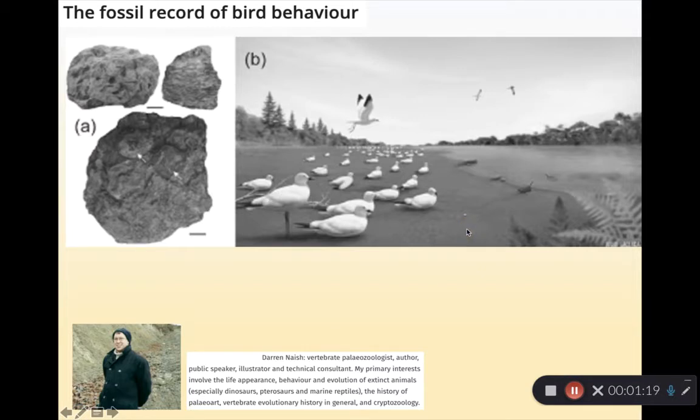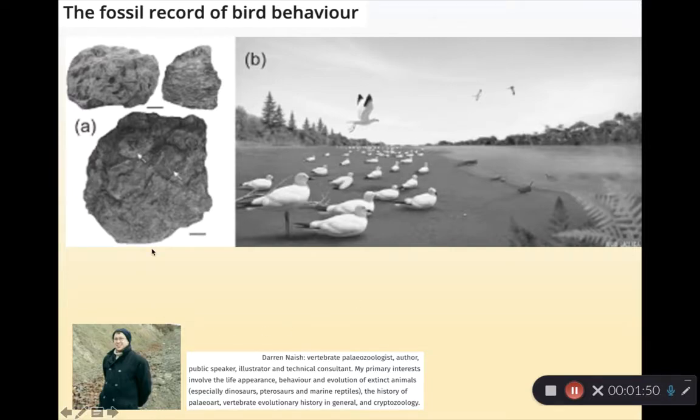So I thought that I would start off with a study that is, again, linking some of the concepts that we talked about previously to what we're going to be talking about today, and that's looking at the fossil record of bird behavior. This is an interesting study that's saying, what can we learn about the behavior of extinct animals? In this case, looking specifically at birds.